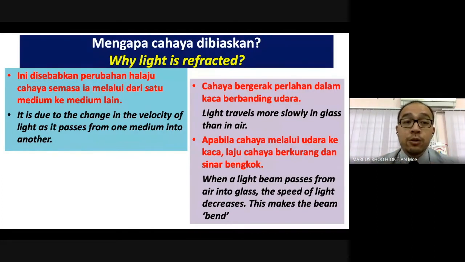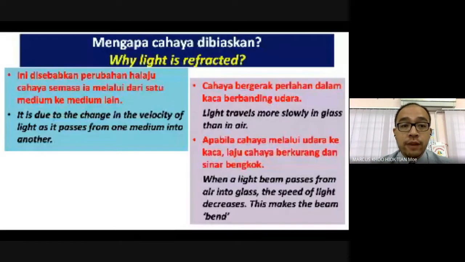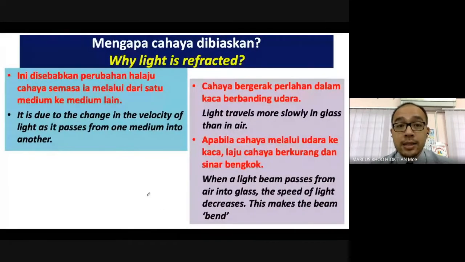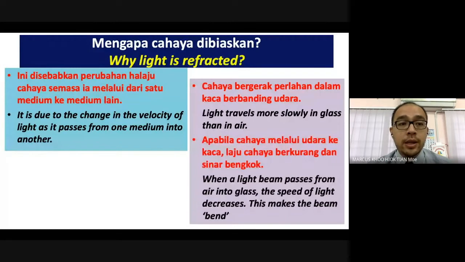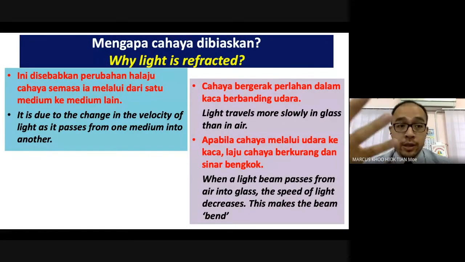So the motorcycle will be able to move much faster. But if there's a lot of cars, it's very difficult for the motorcycle to move very fast because there's so many cars in there. In the same way, we think of this as optically dense and less optically dense.